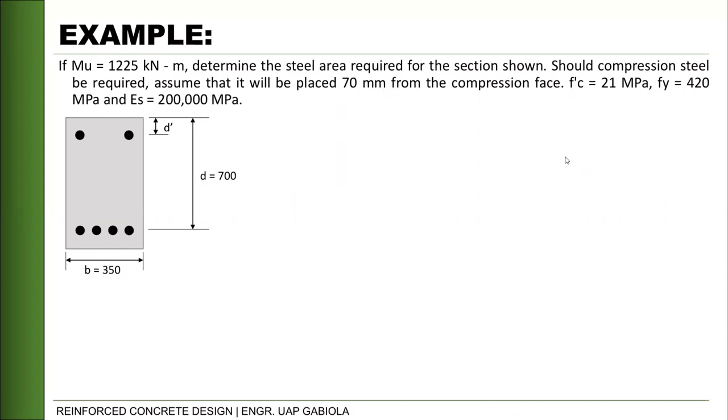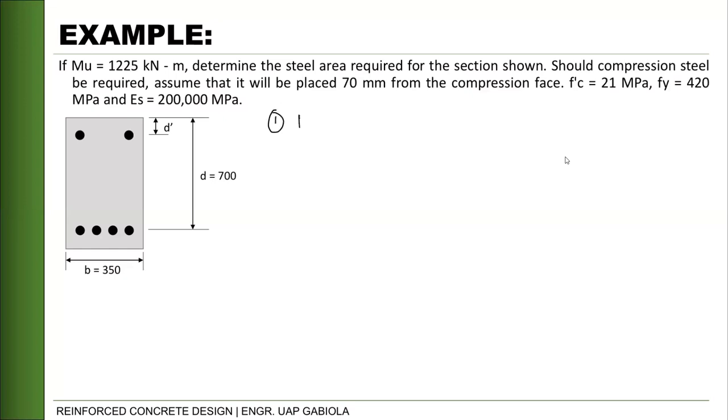Should compression reinforcement still be required? Assume it will be placed 70 mm from the compression face. F prime C is 21, Fy is 420, and ES is 200,000 megapascal. We have an effective depth of 700 and a base of 350.